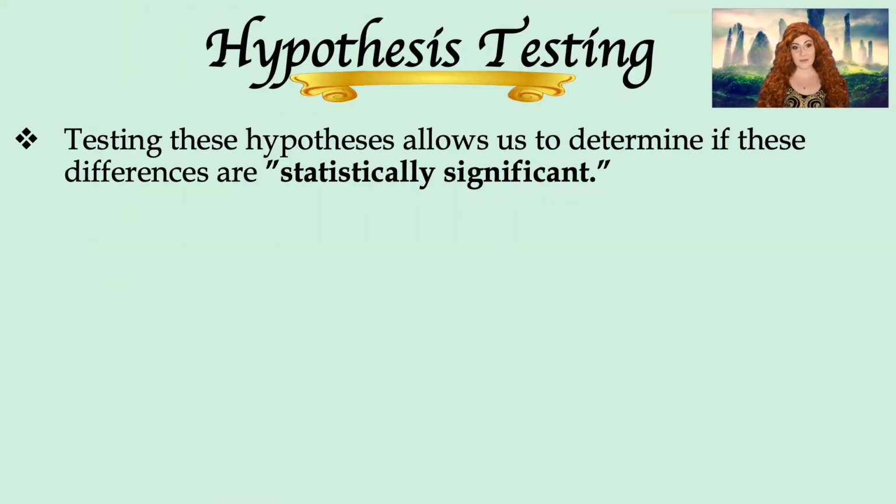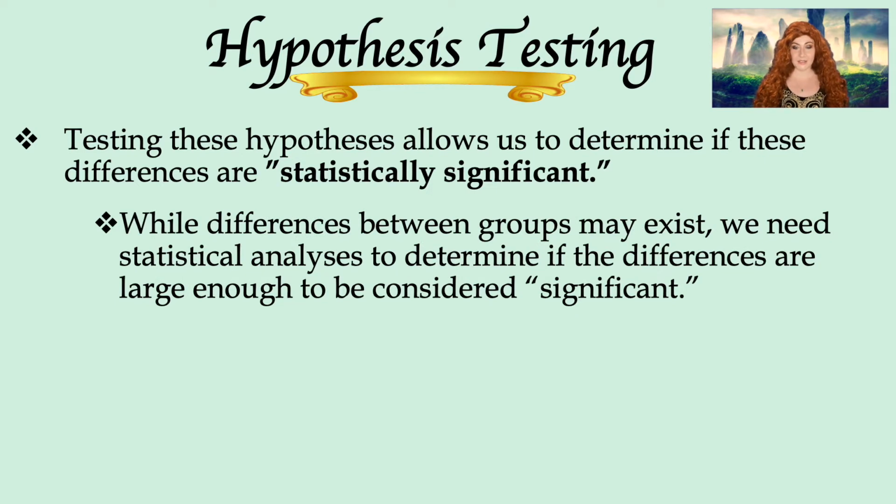So testing these hypotheses allows us to determine if these differences are what we call statistically significant. While differences between groups may exist, right? One group may score higher than another group. The sample mean may be different from the population mean, but what we need to do is determine if these differences are large enough to be considered significant.